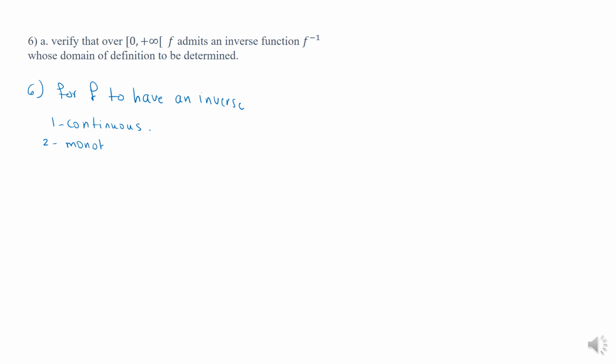Let's check those two conditions. One, is f monotonic? f of x is equal to (3 minus 2 radical x) over (3 plus 2 radical x). Now it seems you have a problem in the denominator, but no, since 3 plus 2 radical x is never 0. So 3 plus 2 radical x is positive, since 3 is positive, 2 is positive, and radical x is positive. So f of x has no discontinuity.